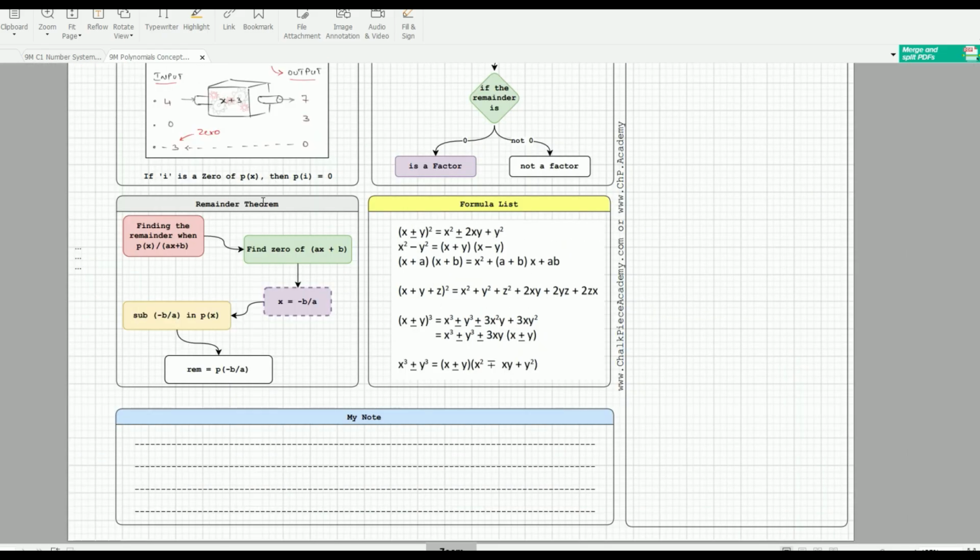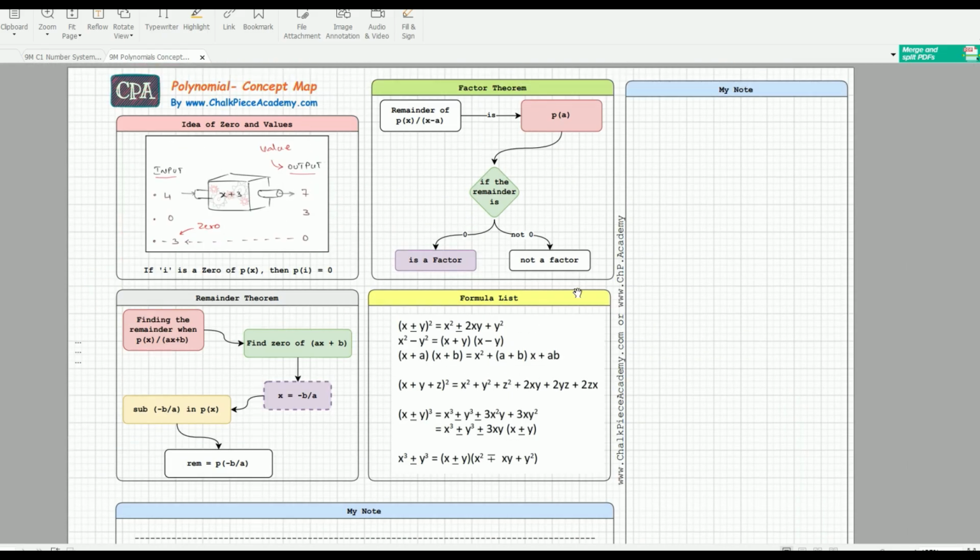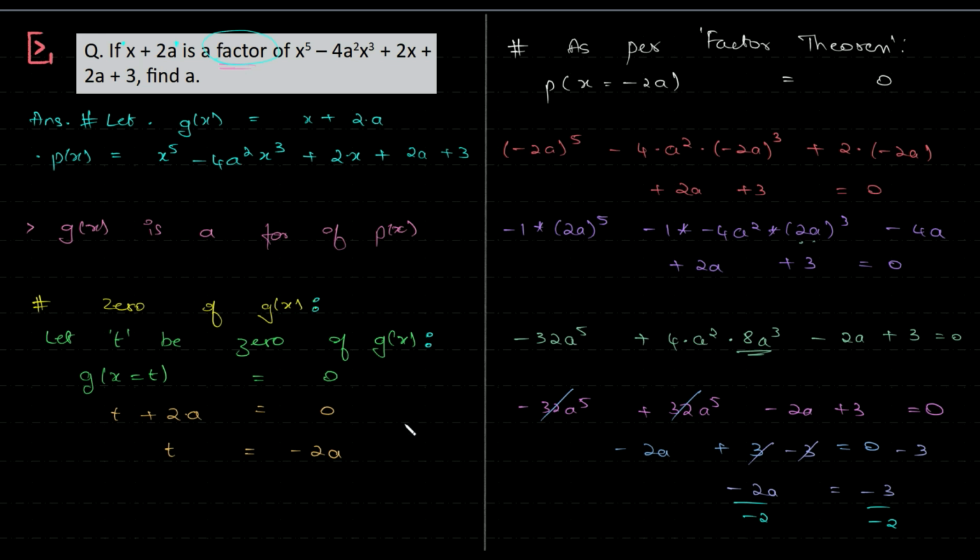It's one of the difficult chapters, but the concept is only this much. Mainly, the identities you have to understand and remember. Okay, so that is your answer.